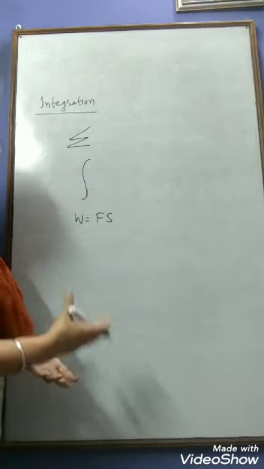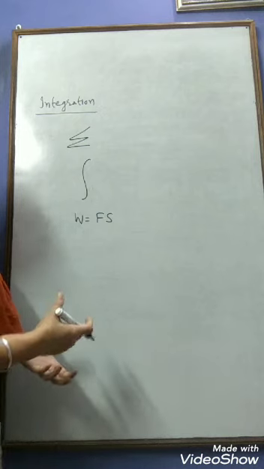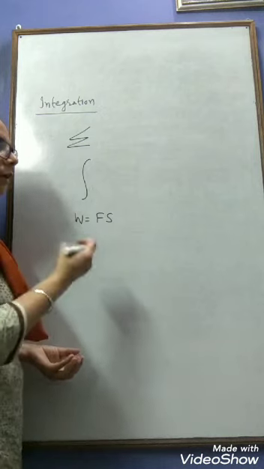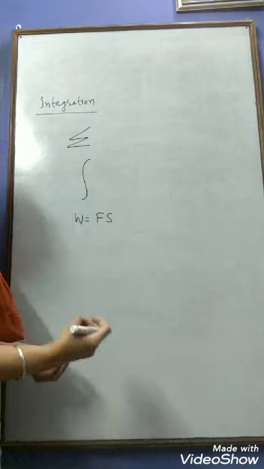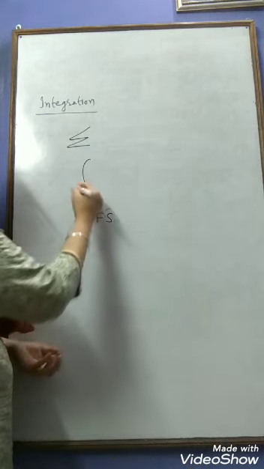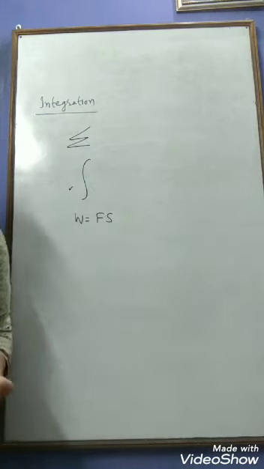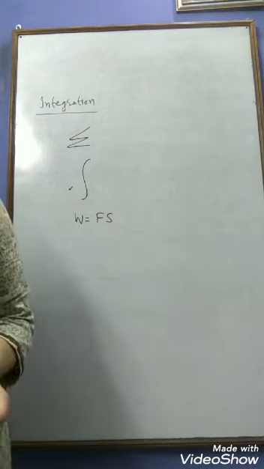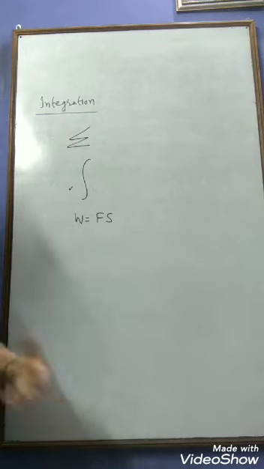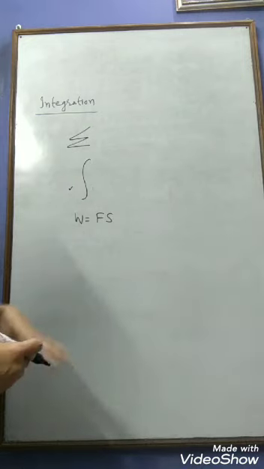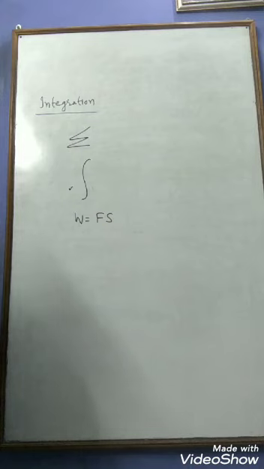For variable forces, we calculate the work done for small terms, then add them using the calculus method called integral calculus. It is again part of mathematics in +2 class, but in physics we use only the basic concepts of integration.